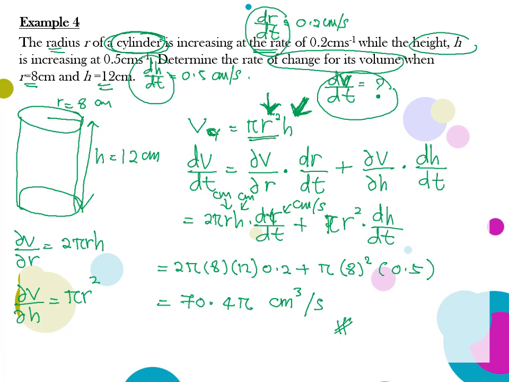That is the calculation to find the changes for the volume. So now you know that we can use partial derivative in order to find the small increment, and to find the rate of change.